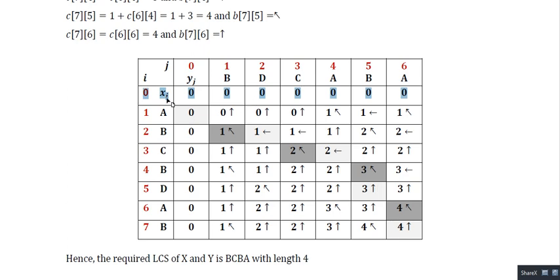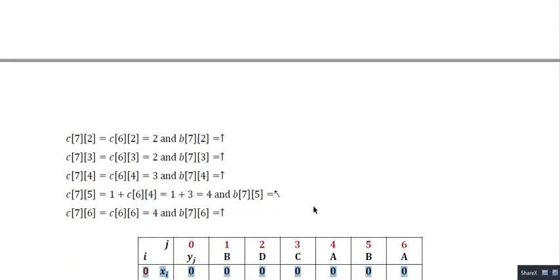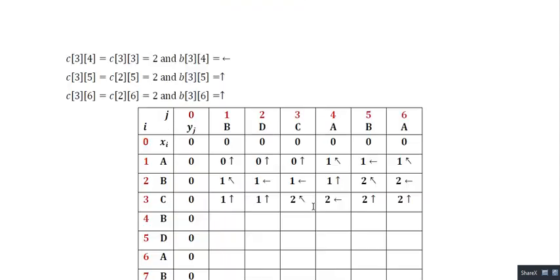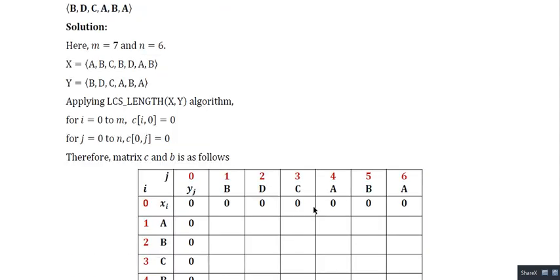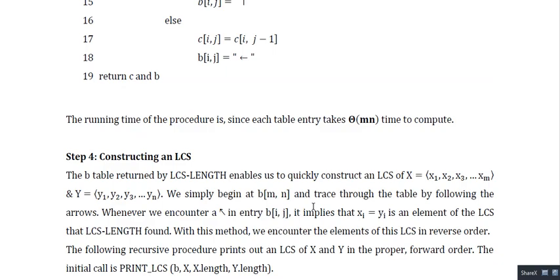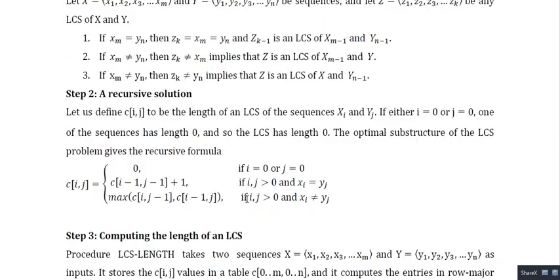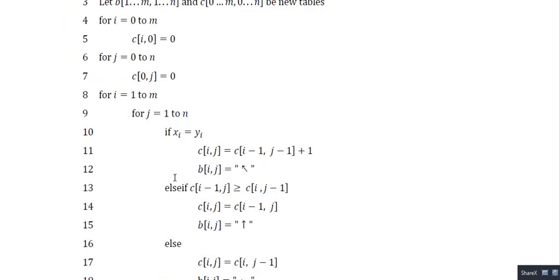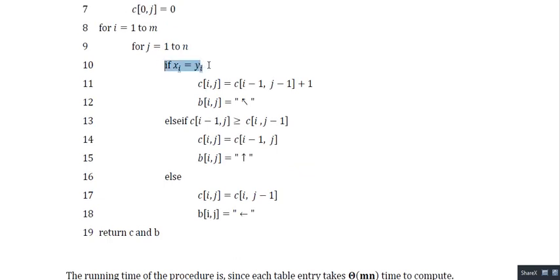So just write all the characters of sequence X row wise and all the characters of sequence Y column wise. Then you just try to fill the entries using this rule itself. Or you can just follow this algorithm. If both characters are matching, Cij equals Ci minus 1, j minus 1, plus 1, and the arrow will be this diagonally headed arrow.